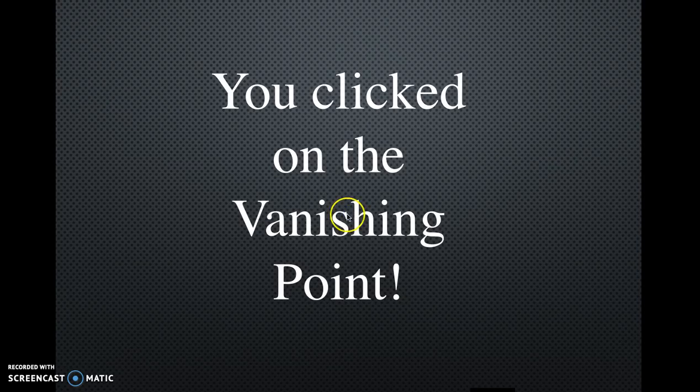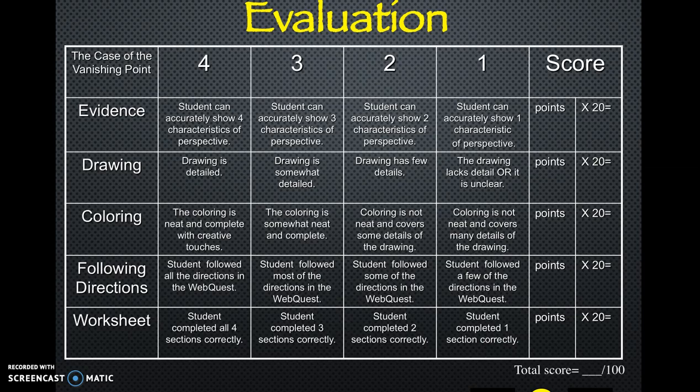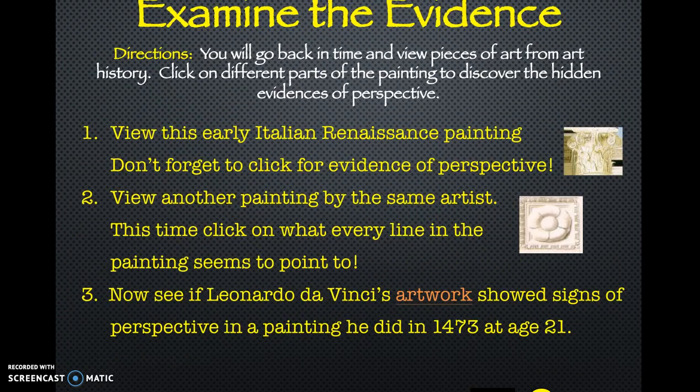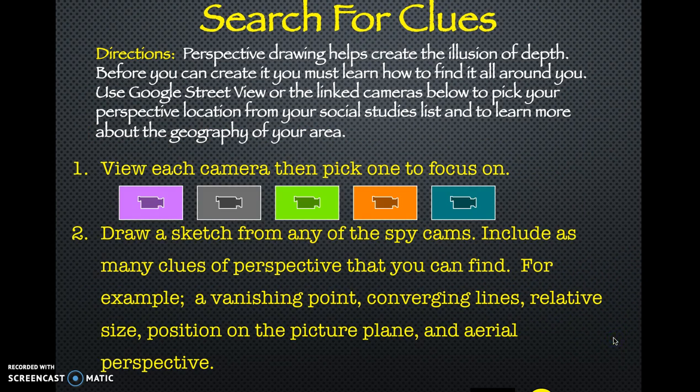So they could click on different parts of the artwork and go back to their vocabulary to see which thing they had clicked on, so they could start making associations between the vocabulary words and real examples of art.